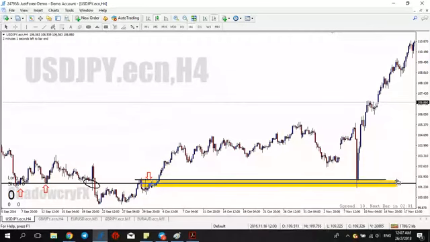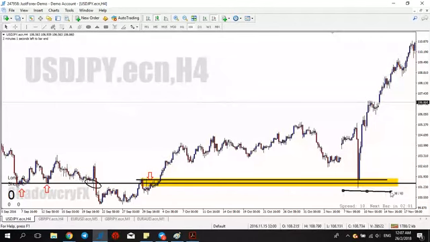This is our swap zone. And our stop loss will be a few pips from the swap zone. Okay, so a few pips above the zone. So this is our stop loss.